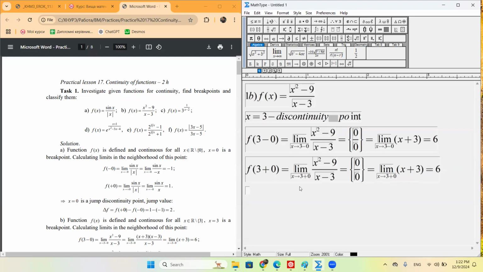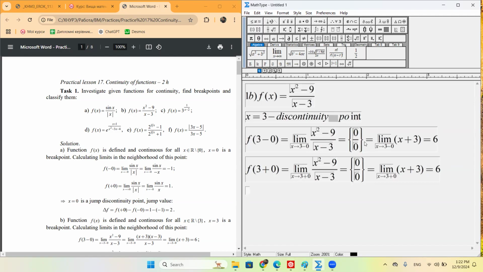If the limit from the left is equal to the limit from the right, this is a breakpoint of the first kind, a removable discontinuity point. If they are not equal but finite, again the first kind, but a jump of the function.